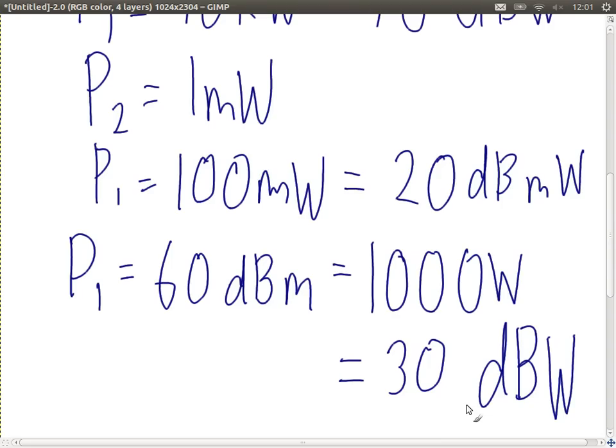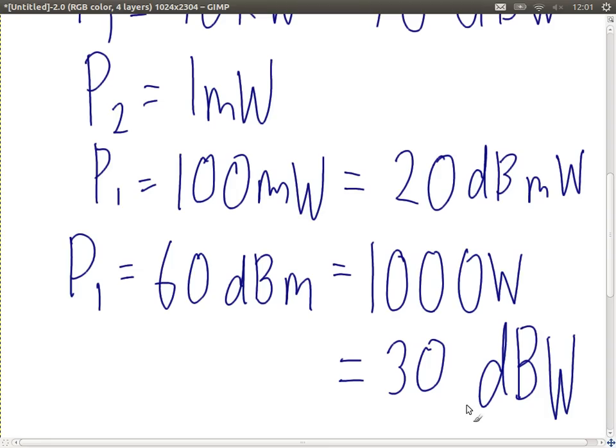In communication systems, we often see all of those units used. dBm for decibels relative to a milliwatt, dB watts, dBW, and simply watts or milliwatts or whatever prefix we want. So be aware of what they mean, especially dBm and dBW, and how to convert between them.